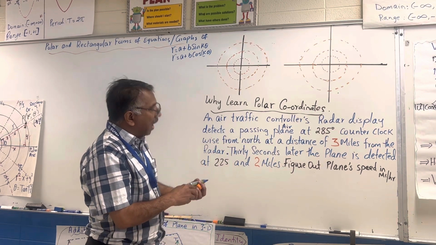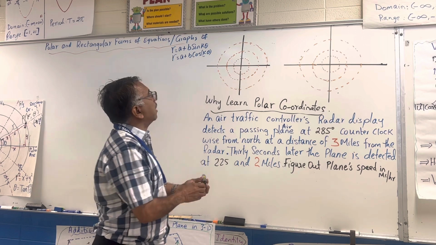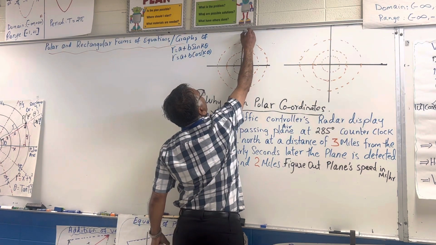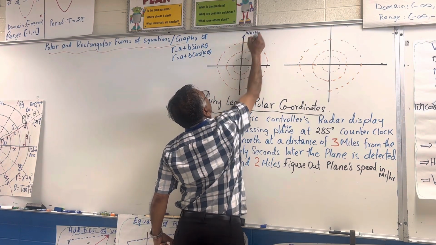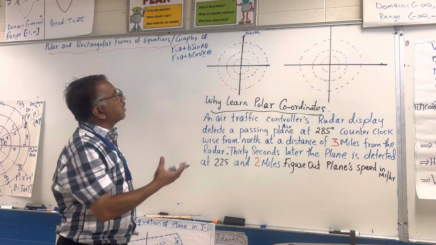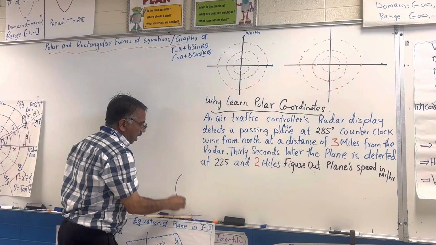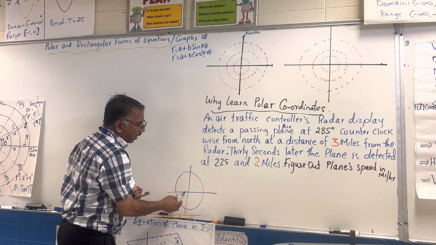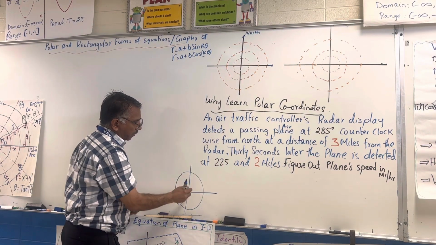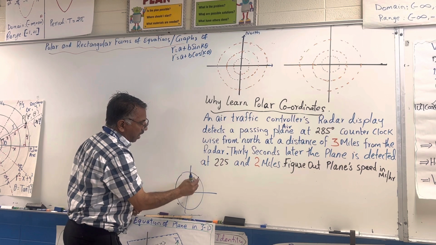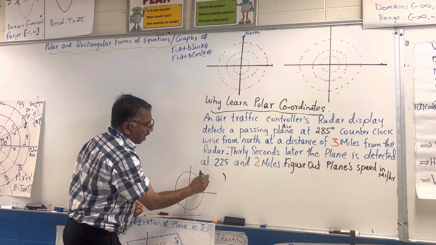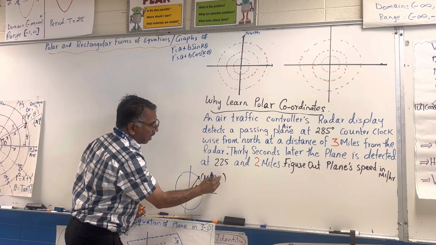So what I did is make a grid right there. It means this is the north, which is a separate kind of rule for this. They said not from the x-axis. See, when we talk about polar, when you say any angle theta, the coordinates here are r cosine theta and r sine theta.